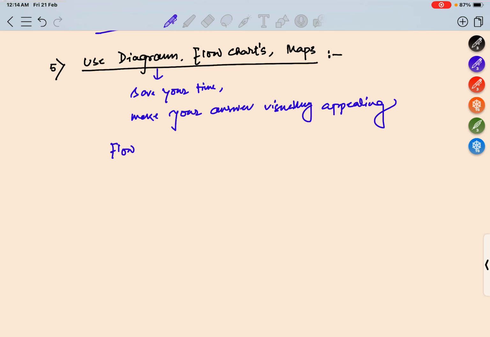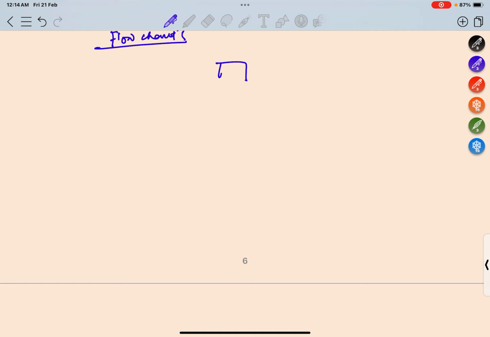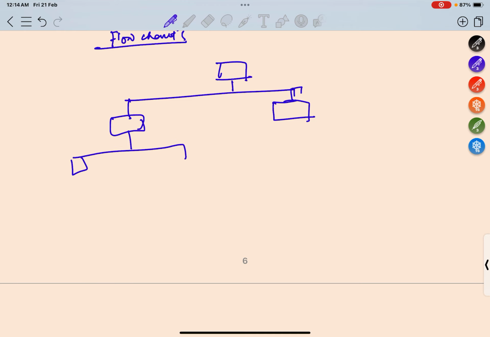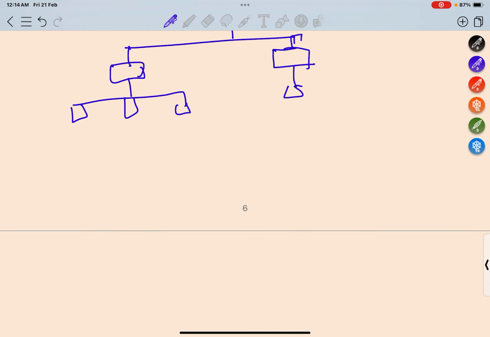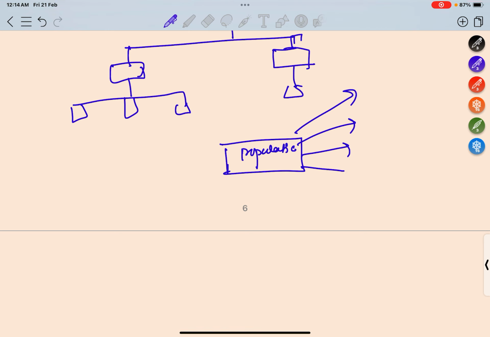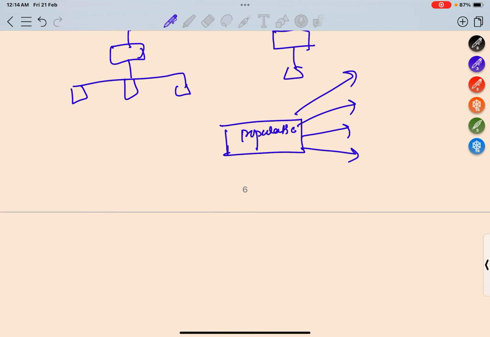Now see, there are many types of flowcharts. Suppose you can write this one, there are two or more, and there are more. In this way you can make a flowchart. Or suppose population, you can make a box here and write different aspects or dimensions of it.